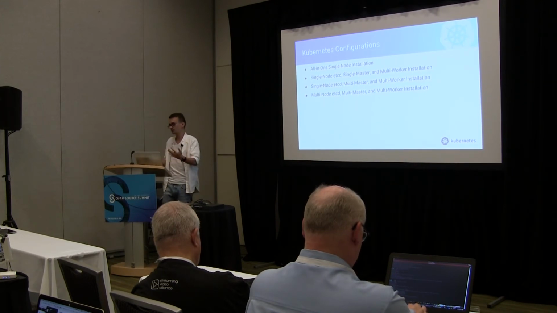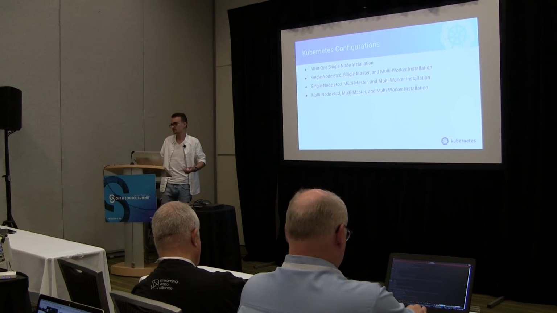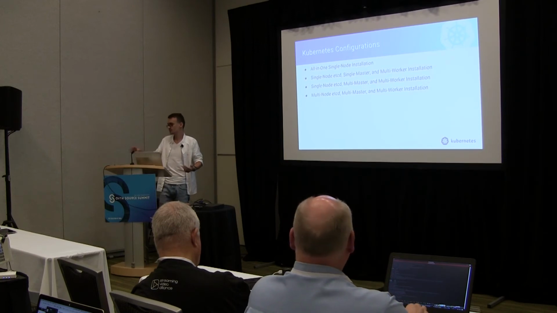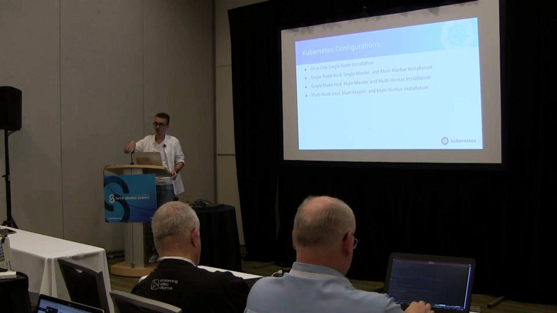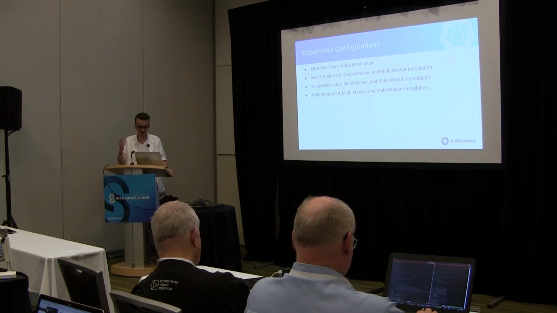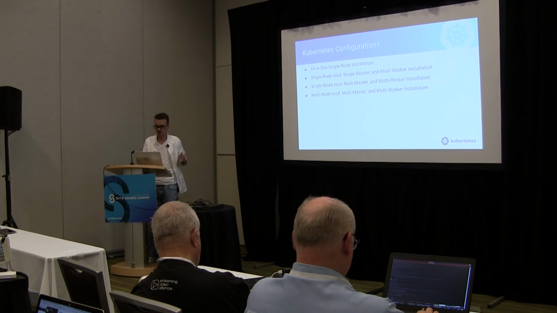But you will have multiple worker nodes that could be placed in different data centers, for example, or in different regional zones in your public cloud. So if something happens with one of your worker nodes, other worker nodes will continue working properly, and your applications won't be affected by any downtime if you have designed it in the right way, of course. I'm speaking about the design of the application itself, not the Kubernetes cluster.